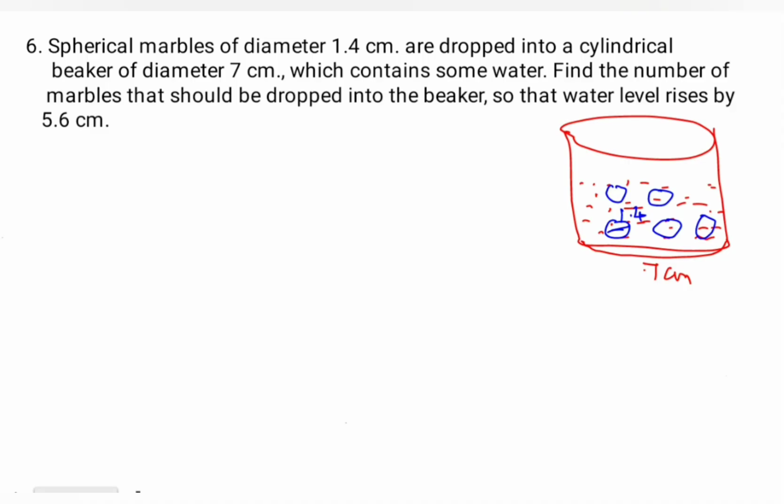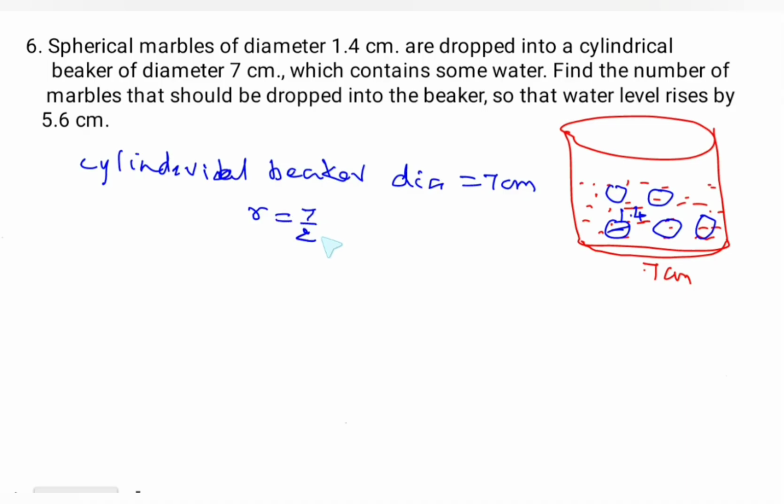The radius of this cylinder is, because the diameter is given, diameter equal to 7 centimeters, then radius equal to 7 by 2 centimeters, and the rising water level is 5.6 from here to here.